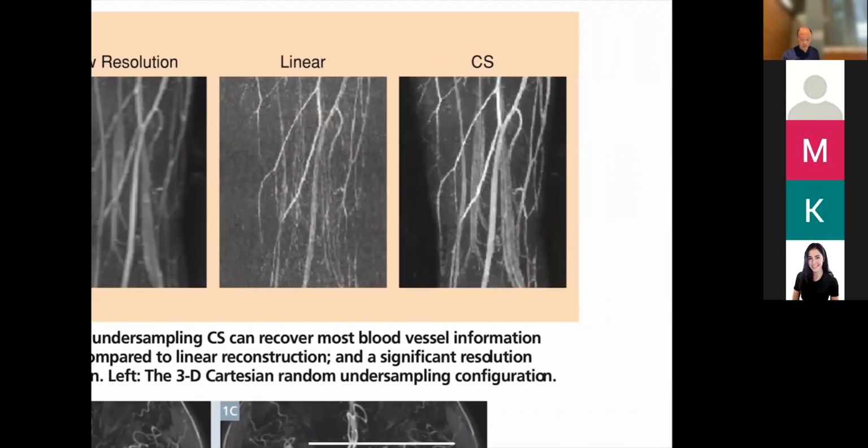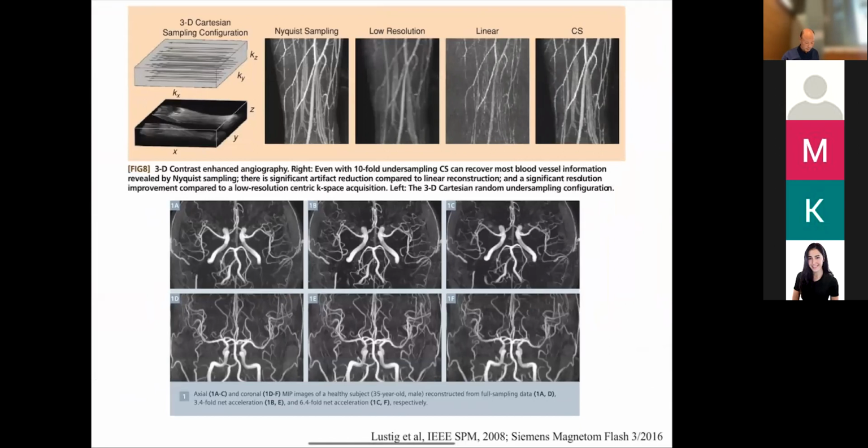Now I go to the compressed sensing, and you can see we're doing a pretty good job of reconstructing the original image, because we put that constraint on that I want an image that can be sparse in, say, the wavelet domain. Here 1A and D are from the full Nyquist, full Fourier. This is from 3 to 4-fold acceleration, and this is from 6 to 4-fold acceleration.